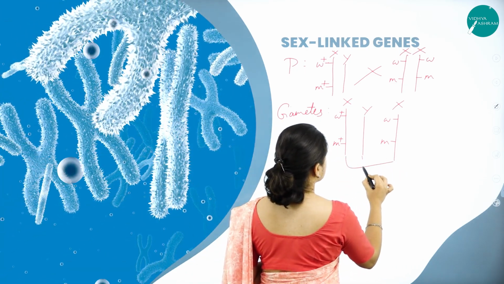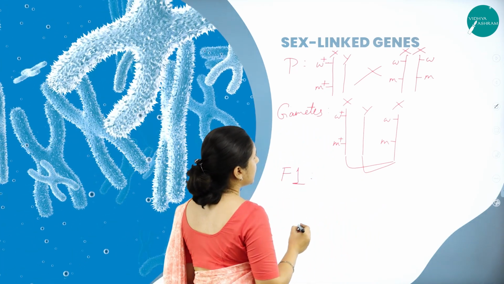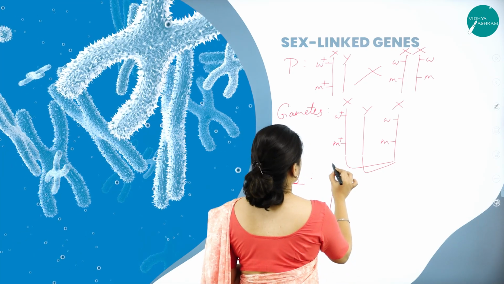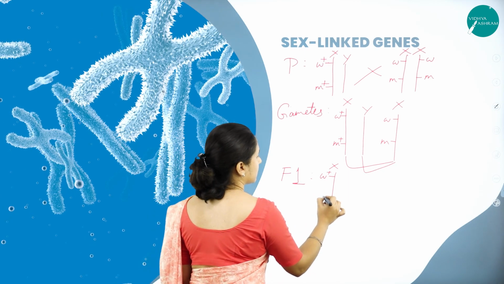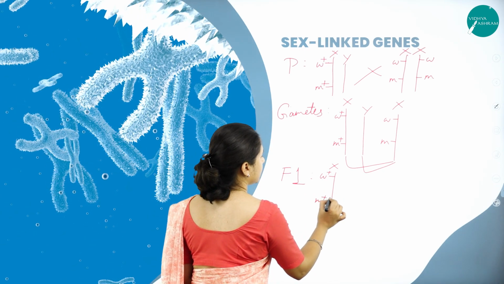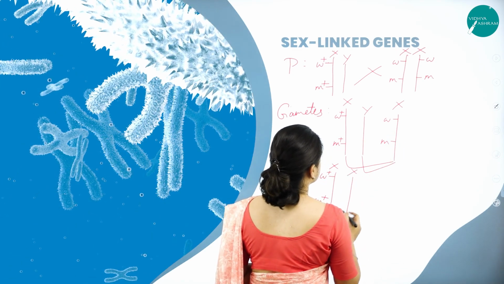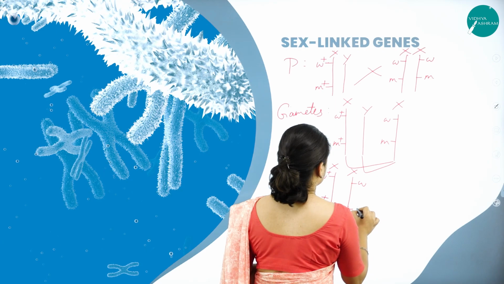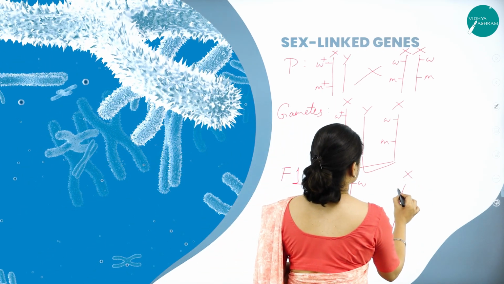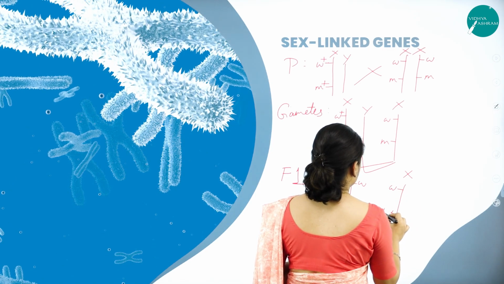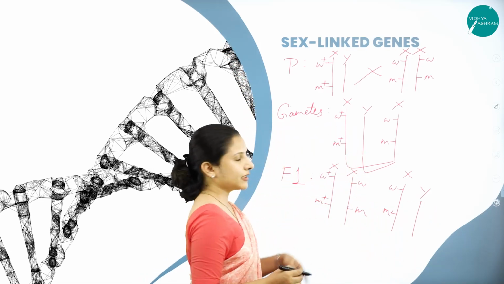So in F1, we will have X, W plus, M plus, and also X, W and M. Here X, W and M, then Y. So this is the F1 generation.